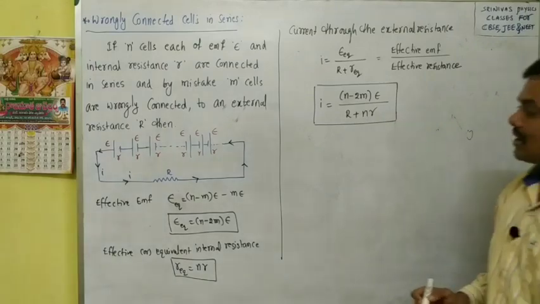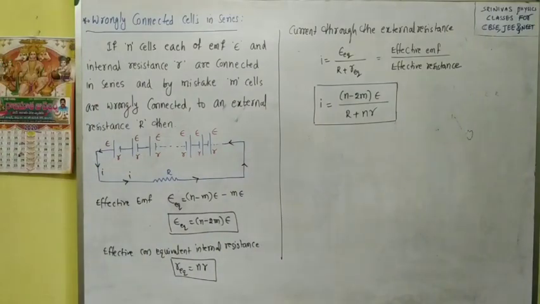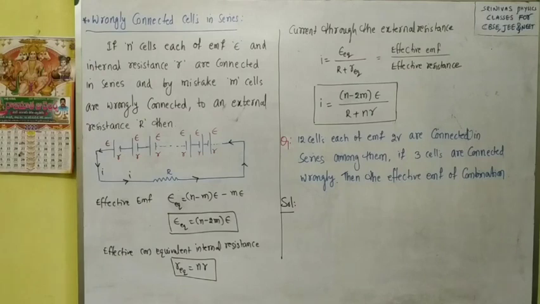Now let us go for one problem based on this. A very simple problem. I will write the question by pressing the pause key. Here is one problem based on the series combination of cells.